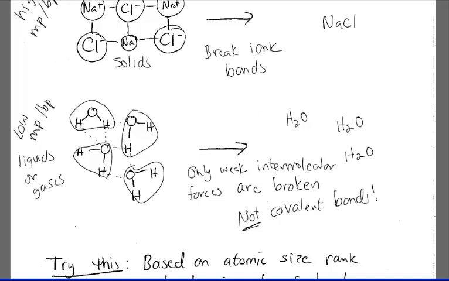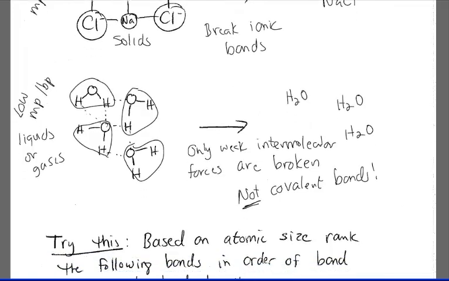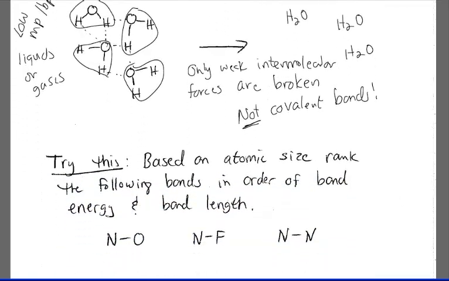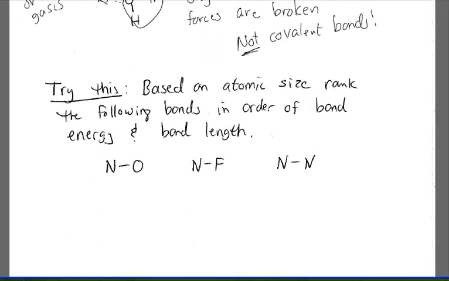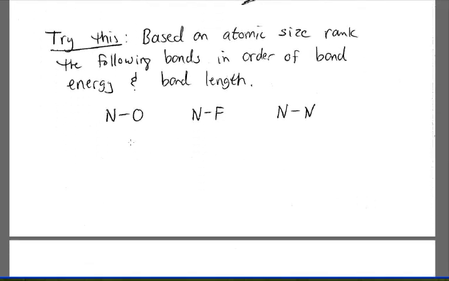All right, so time for you to try something. Based on atomic size, which you already should know the trend for, rank the following bonds in order of bond energy and bond length. So I'll let you try that. All right, so let's look at these. They all have a nitrogen.